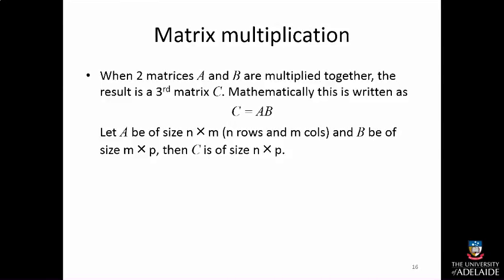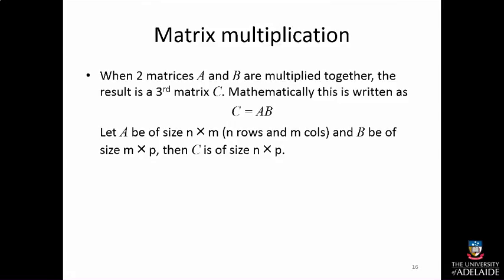The size of A is n cross m, and the size of B was m cross p. Now these two m's should be equal if you want to do a matrix multiplication.